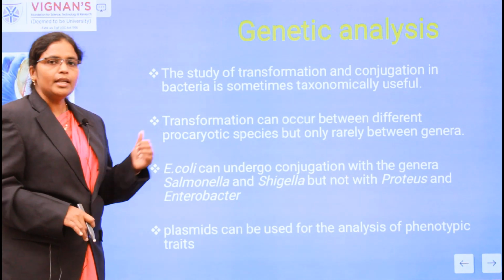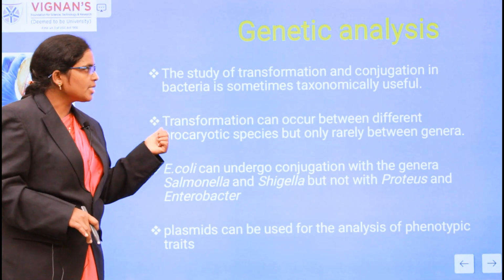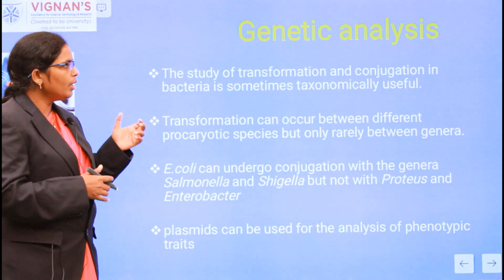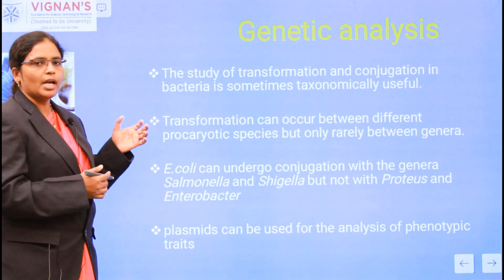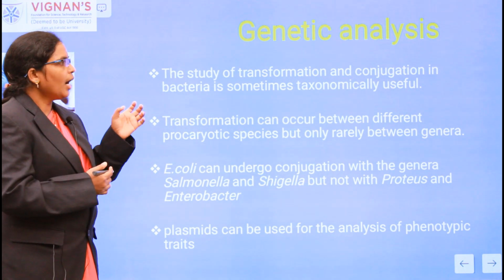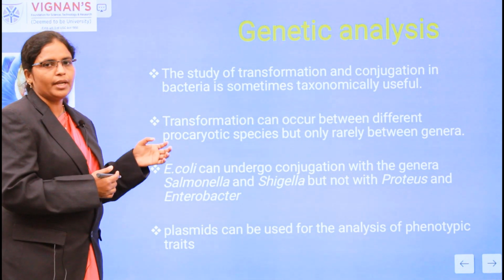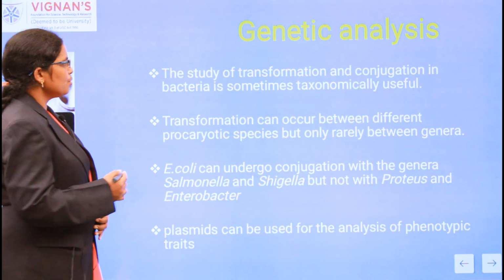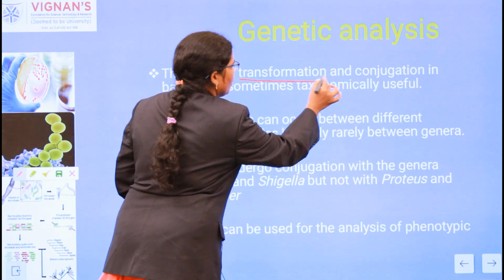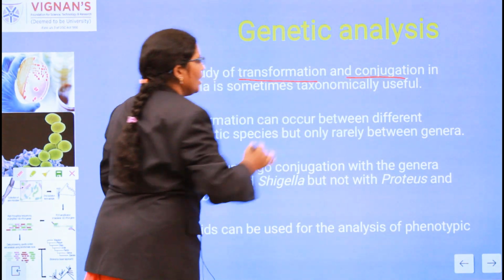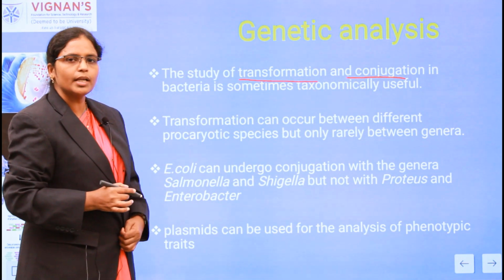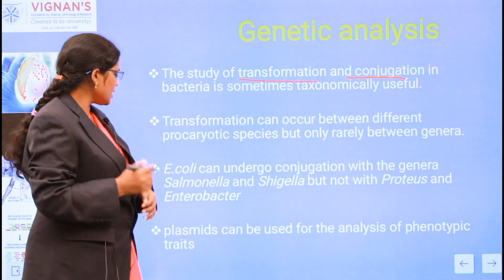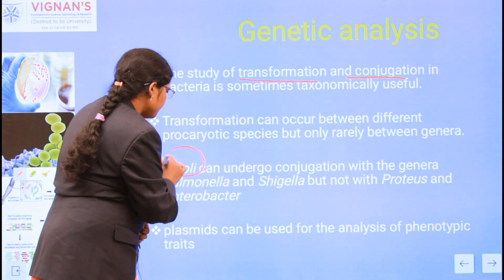Next, another characteristic feature and classical characteristic is the genetic analysis. This is the old approach where the scientists used for identification and classifying the organisms. They used the transformation pattern of the organism as well as the conjugation pattern of the organism for taxonomic identification. For example, if we take E. coli.